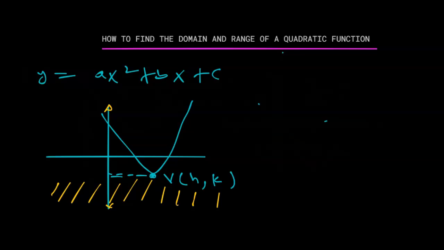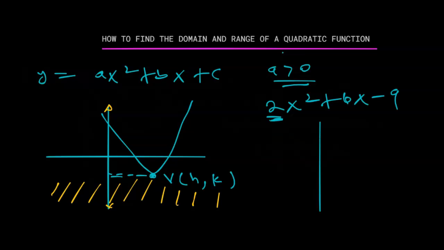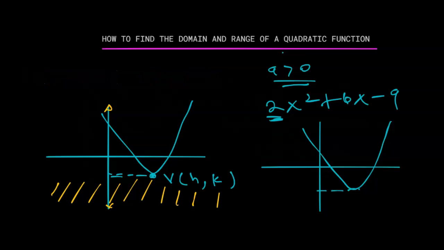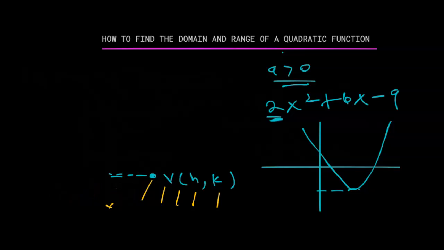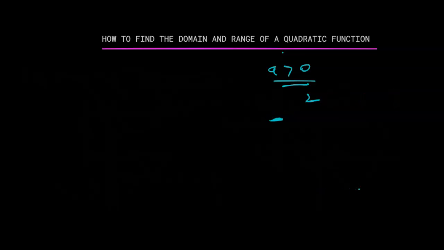Now, this is not the only shape that we can get. We get this shape only when a is greater than 0, when a is positive. For example, something like 2x² + 6x − 9, because this 2 is positive, the curve is going to be concave upwards, this way, with a minimum turning point. But if a is negative, that is when a is less than 0, then the curve is going to be convex downwards with the highest point.